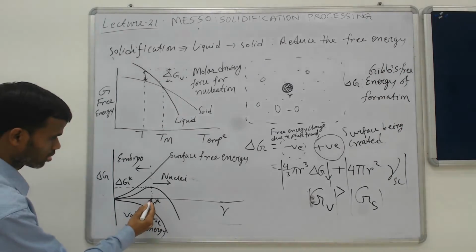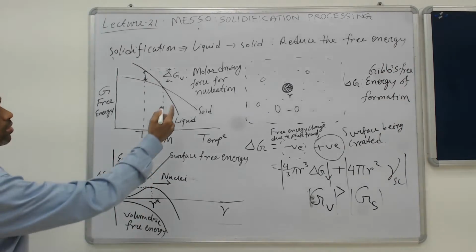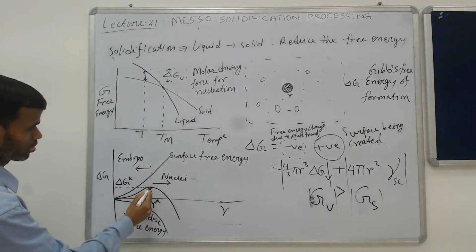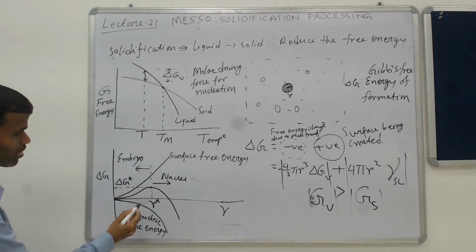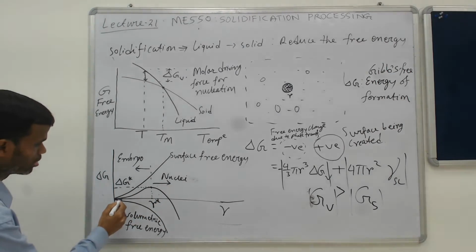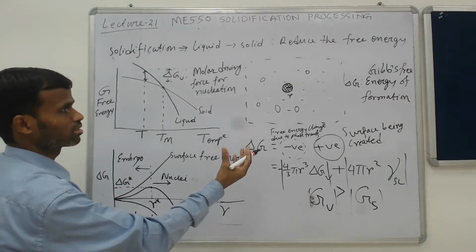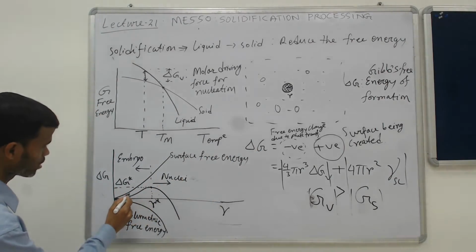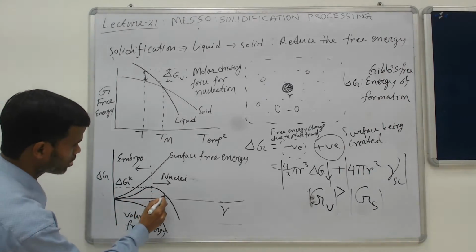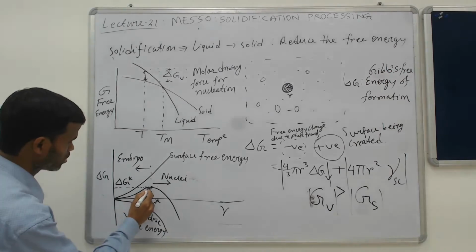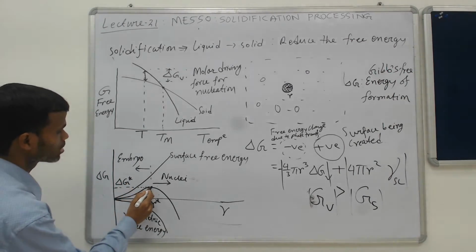For the cluster to be called a nucleus, it has to overcome this kind of energy barrier. It has to form initially and then it will become bigger. But for that it has to overcome this barrier. Then only it can reduce. So initially the total free energy change will increase.